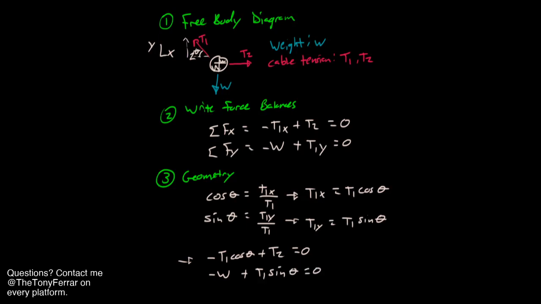And it's at this point that I like to do an audit to make sure that the number of equations, in this case 2 equations, matches the number of unknowns. So for example, T1 and T2 could be our unknowns in this problem. If we didn't have the same number of equations as unknowns, we couldn't solve this, and so we'd have to go hunting. Maybe we're missing an equation or a geometry relationship that could eliminate.